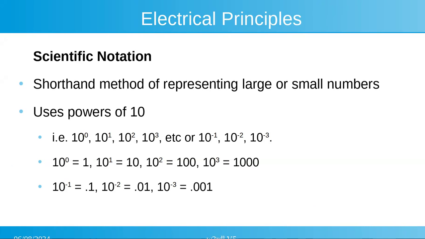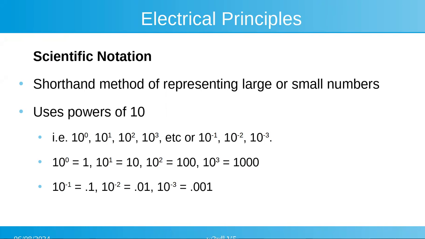If we have a negative exponent, like 10 to the minus 1, it's going to be equal to essentially the reciprocal. So it would be 0.1. 10 to the minus 2 is going to be 0.01, or the reciprocal of 100. 10 to the minus 3 is 0.001, or 1 over 1,000.